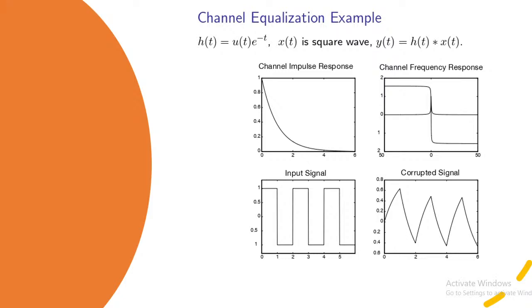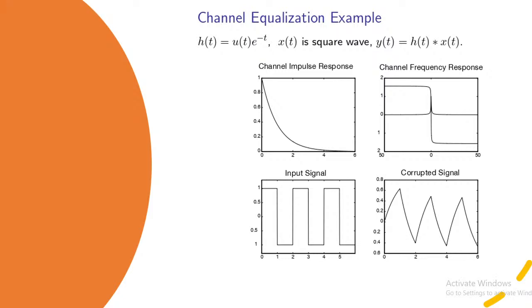Then x(t) is the square wave, and y(t) is x(t) convolved with h(t). The impulse response of the channel is e to the power minus t, an exponentially decaying function. You can see that in the first figure, the channel impulse response is exponentially decaying.